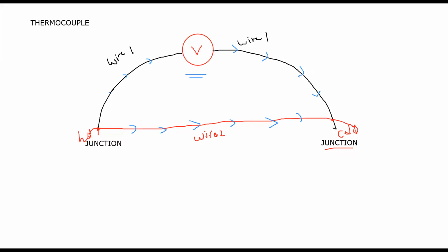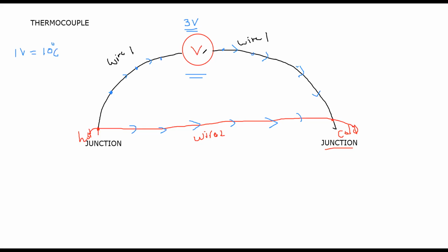As the charges start to move, the purpose of the voltmeter is to show how much energy the charges carry. So for example, this shows 3 volts. So how will you know the temperature from the voltage? All these thermocouples have a scale, like 1 volt stands for a 10-degree change in temperature.